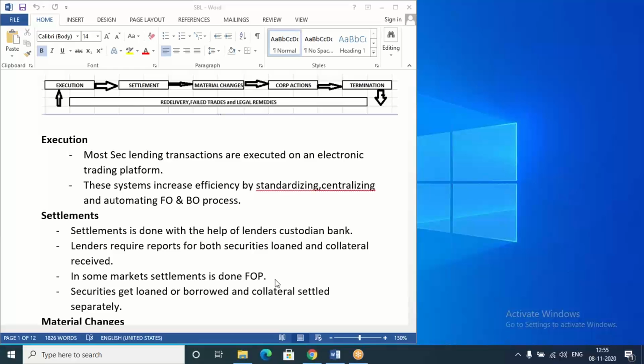So instead of loaning, taking the collateral and then borrowing and giving collateral, what will happen towards the end of the day, they would just net it out between the two counterparties. Okay, is that clear? Yes or no? Is that understood, or you want me to explain it more?